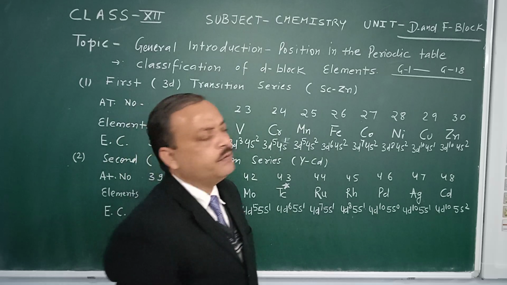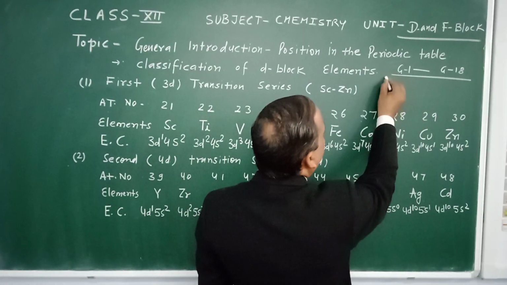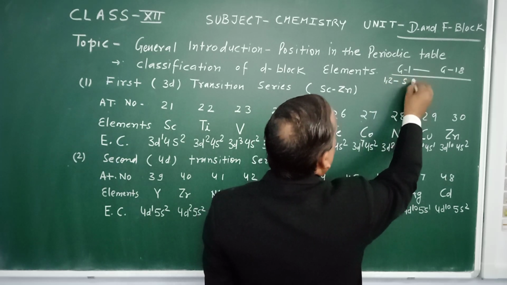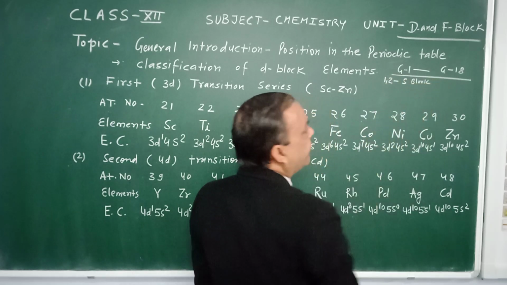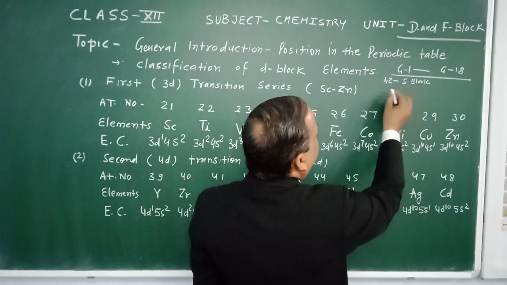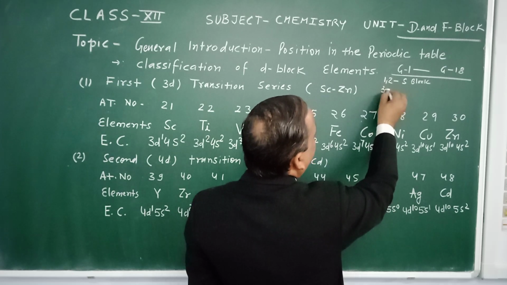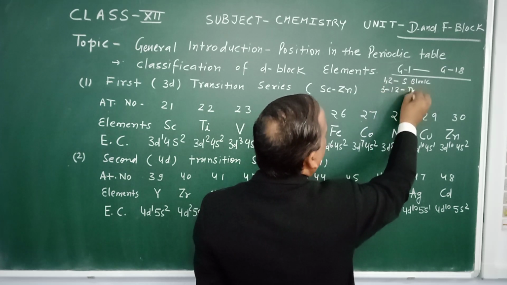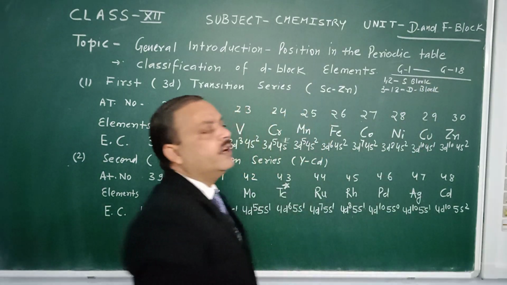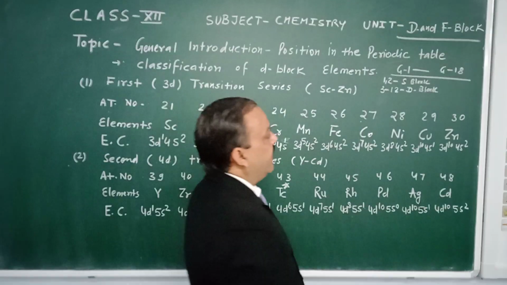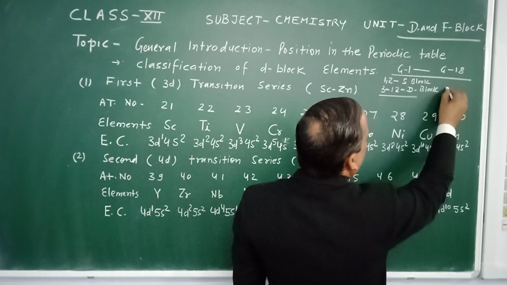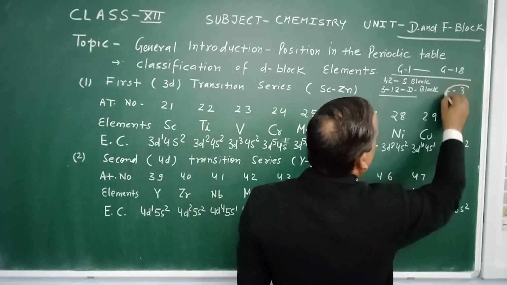Among these 18 groups, the starting two groups, group number 1 and group number 2, are included in s block elements. Then we have the position of the d block. Group number 3 to group number 12 elements are included in d block elements. f block elements are the members of group number 3.